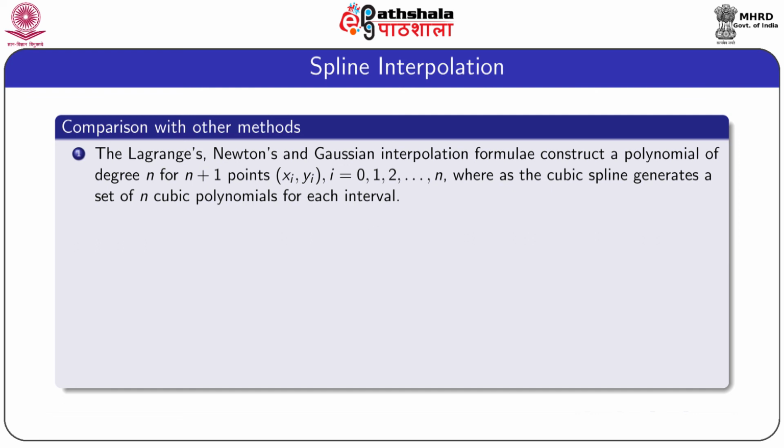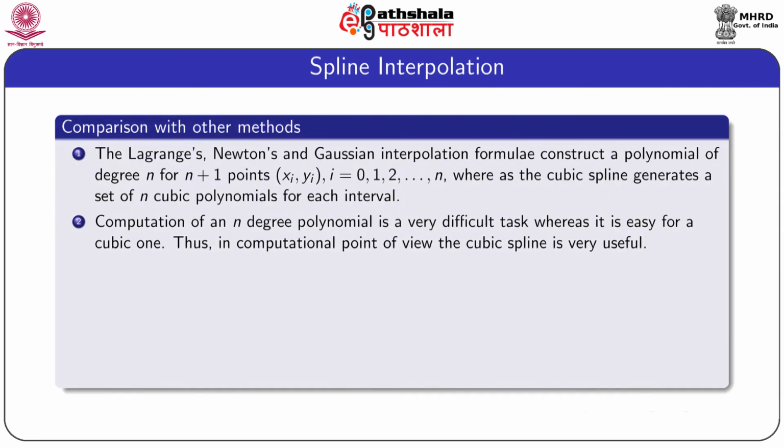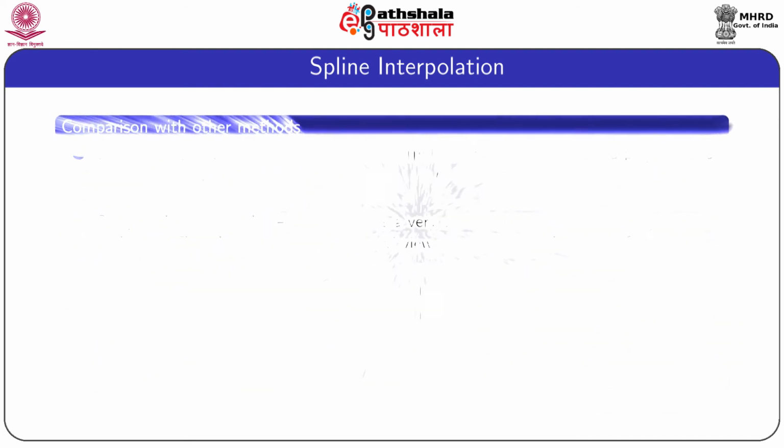This is the major difference between the other interpolating polynomials and the cubic spline polynomial. The second important point is that the computation of an n degree polynomial is a very difficult task. It takes a lot of time, whereas it is easy for a cubic spline or cubic polynomial. Thus, from a computational point of view, the cubic spline is very useful compared to the other methods.